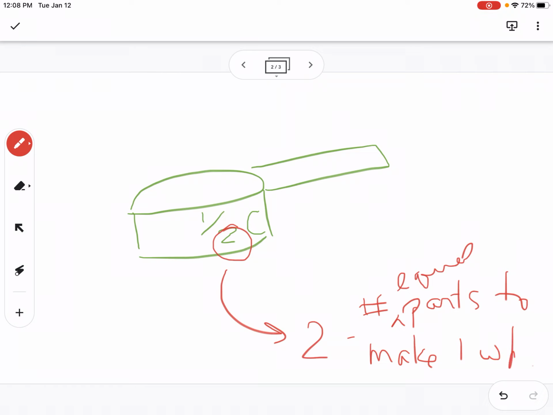Well, one whole what? Oh, one whole cup. Okay, so this is not half an inch. It's not half a teaspoon. It's not half a pizza. It's not half a chocolate bar. It's 1/2 of a cup. So the 2 is telling me that it takes 2 of these to make 1 cup.